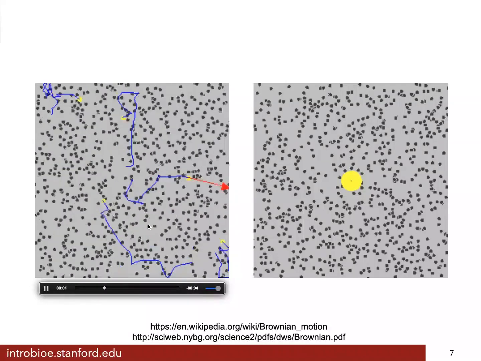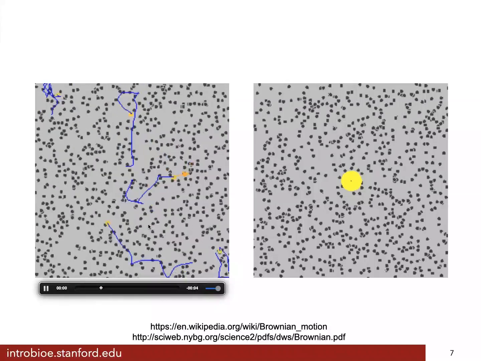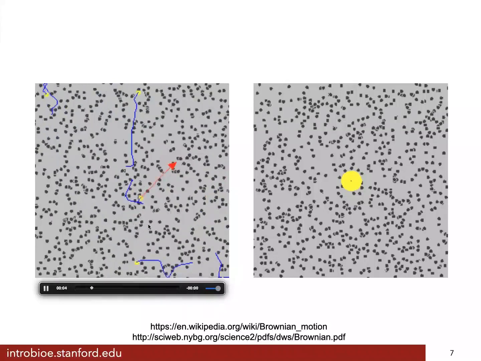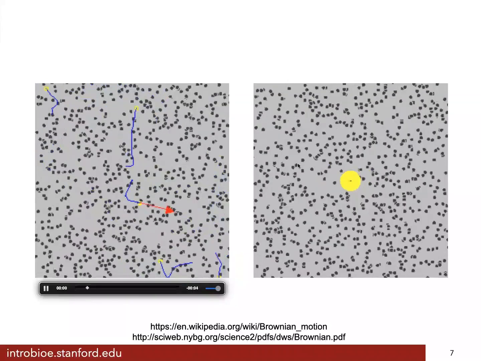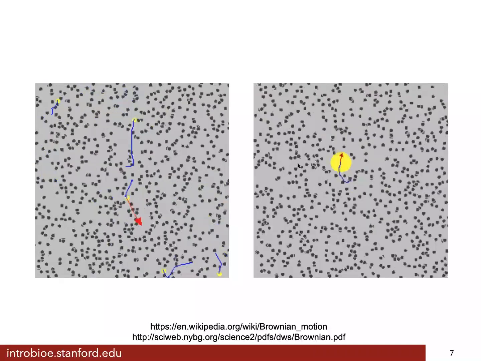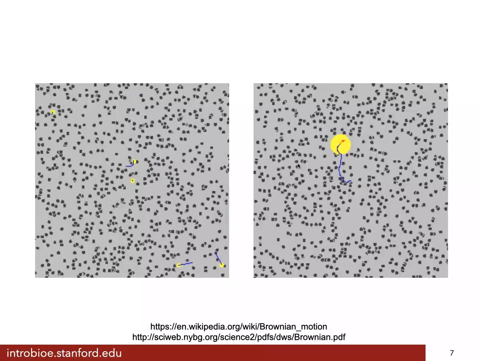It's really fast. The movie on the right is a little bit different. It's exactly the same as the left, except one of the particles suspended in solution is big, this big yellow particle right in the middle, at least to start. And so let's run that movie. The first thing you notice is the particle that's larger is moving more slowly.